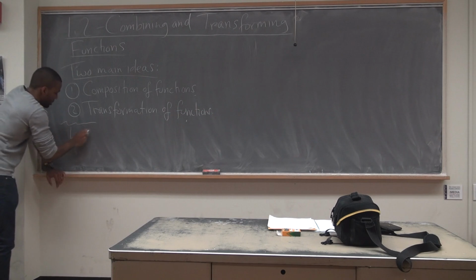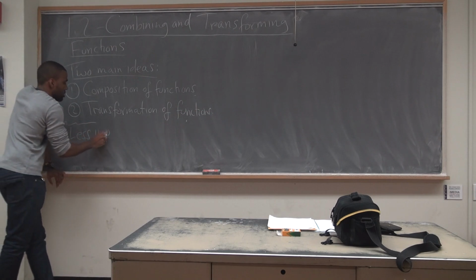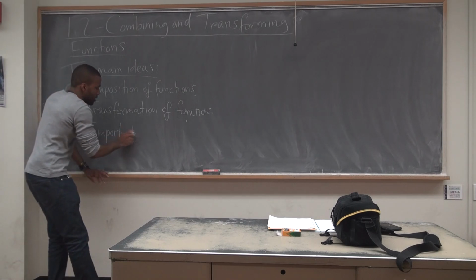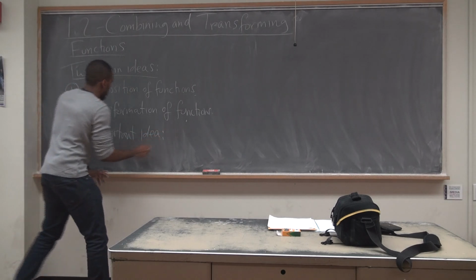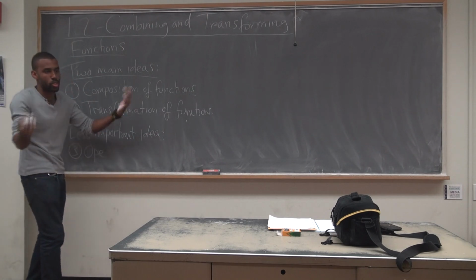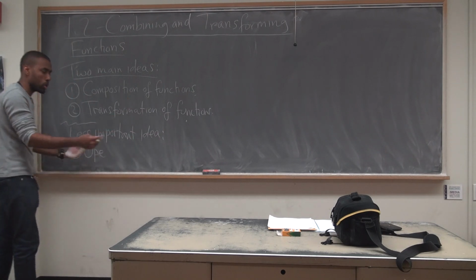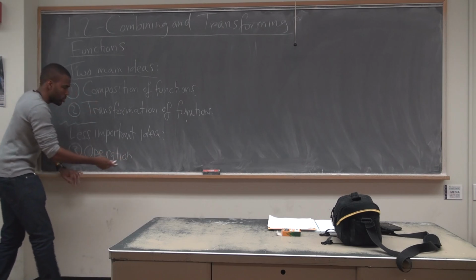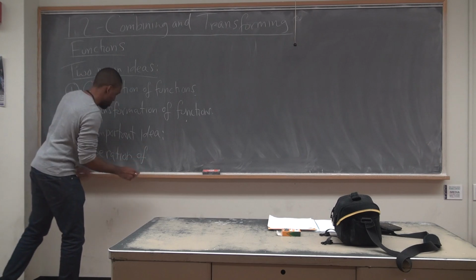Less important idea. It's kind of important, but I'm not going to emphasize it here. Basically, operations on functions, which means adding two functions, subtracting one function from another, multiplying one function by another. But it's very intuitive, so I don't really need to talk about it at length.